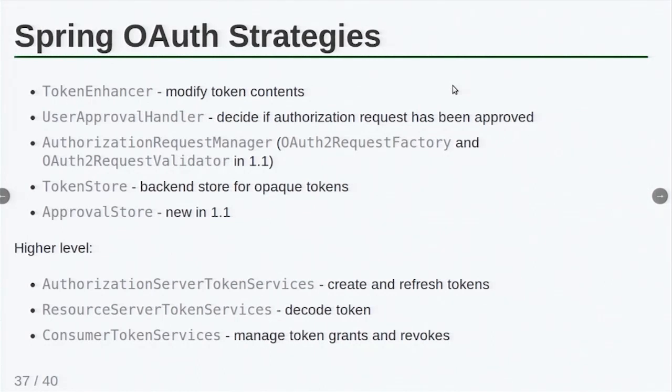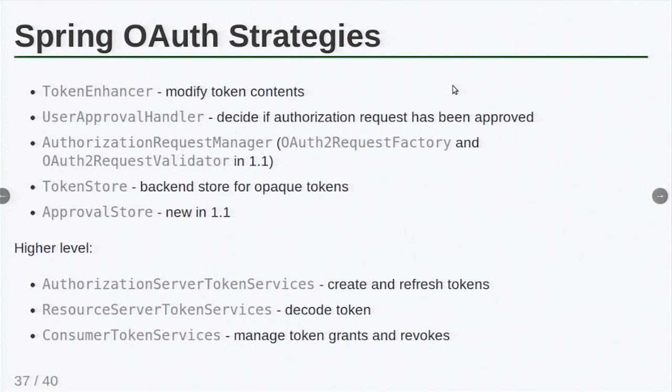OK, so quick wrap-up. In terms of API extension points, if you want to express those modeling decisions that we've been talking about, where would you look? So in Spring OAuth, you would look at, for instance, the token enhancer. You could do two things, actually.